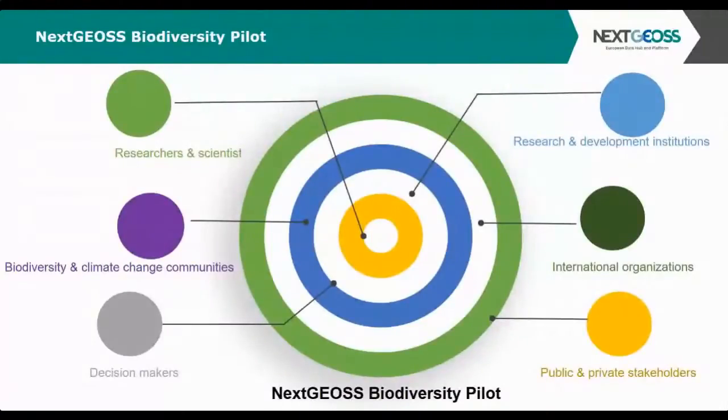But in particular, the biodiversity and climate change communities are end users who can use our products. It's not only useful for monitoring biodiversity better, it is very efficient, time saving, and to be honest, very handy.